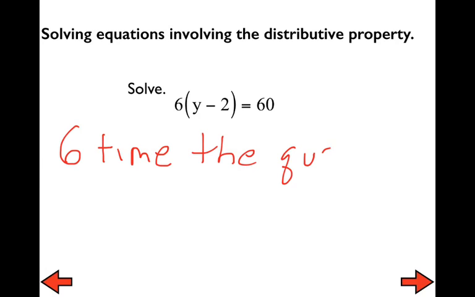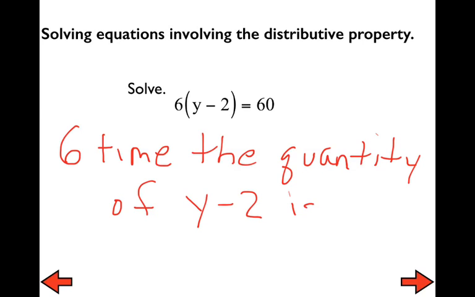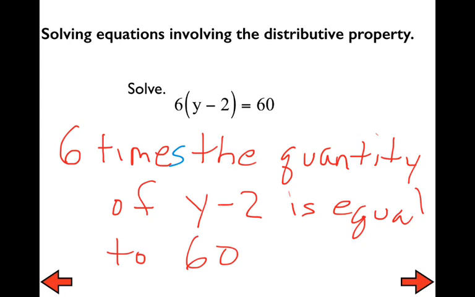Anytime we use those two words, the quantity, that means we're using parentheses, of y minus 2 is equal to 60. So when I say words like that, that is exactly what I'm talking about.